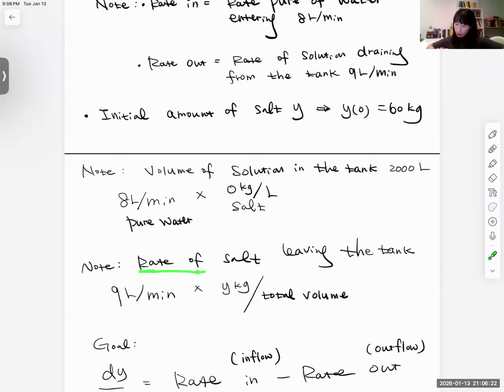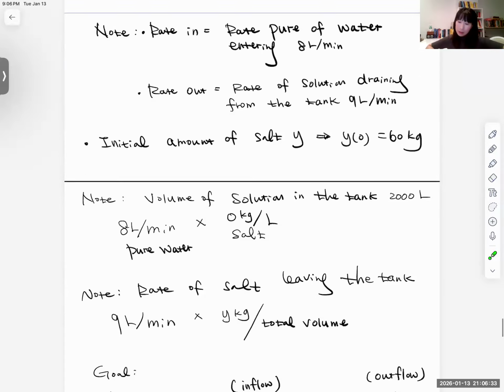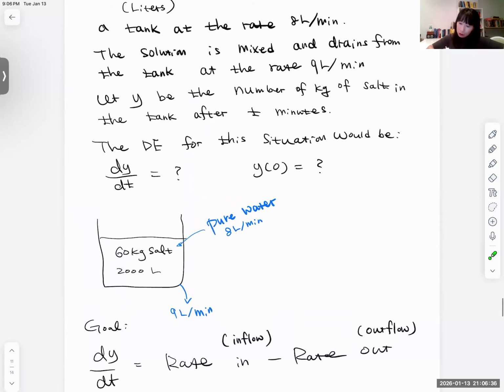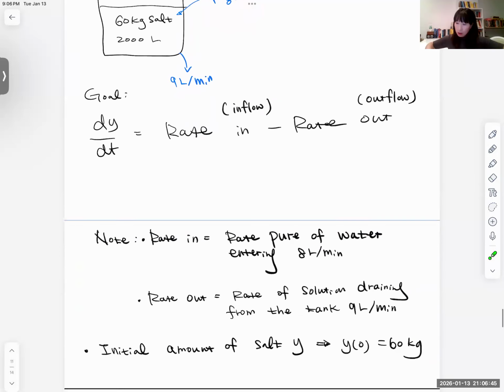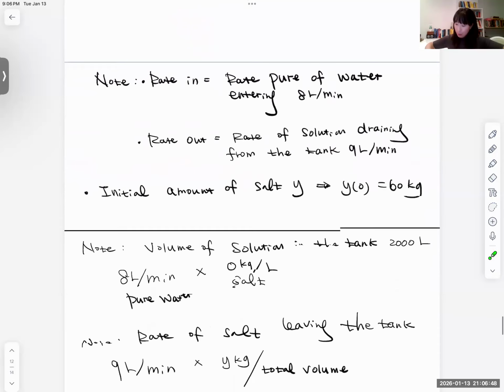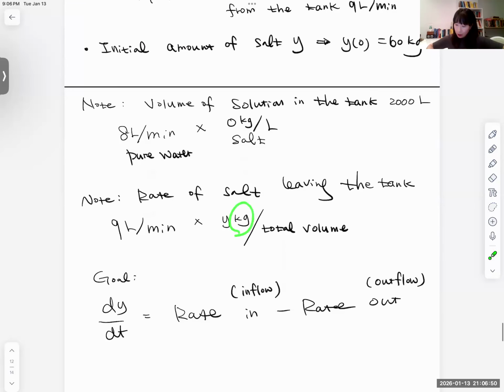Okay, so we have a rate of salt leaving the tank, given at 9 liters per minute. And we want to express it in terms of y, because they say let y equal the number of kilograms of salt in the tank, in terms of the time t in minutes. So we have y kilograms, over the total volume, right? How do you find the total volume?